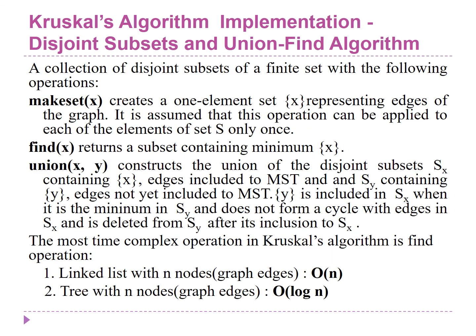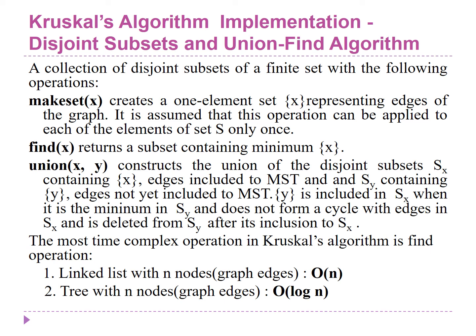Kruskal's algorithm is implemented using disjoint subsets and the union and find algorithms. A collection of disjoint subsets of a finite set with the following operations helps to implement Kruskal's algorithm. The operation make creates a one-element set representing the edges of the graph. The operation find returns the subset containing the minimum edge weight.